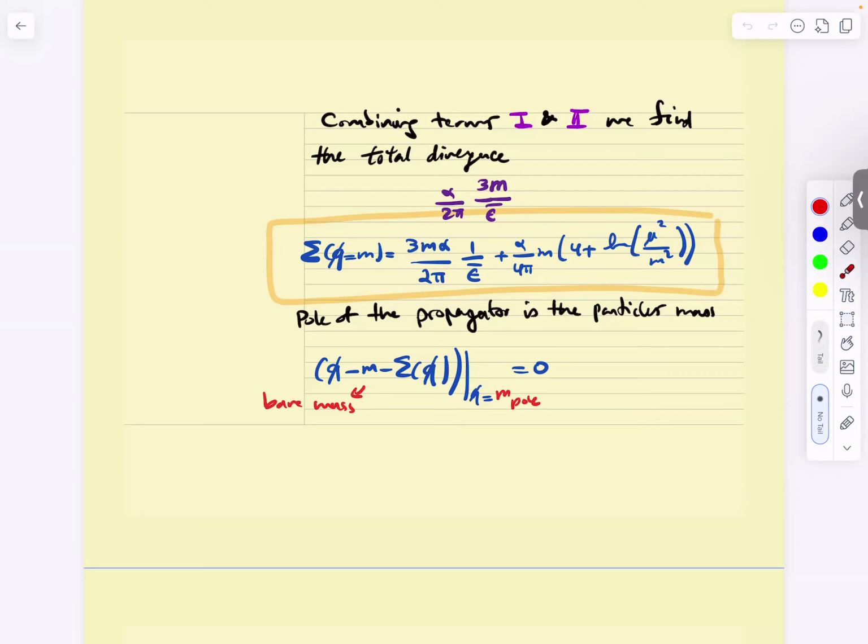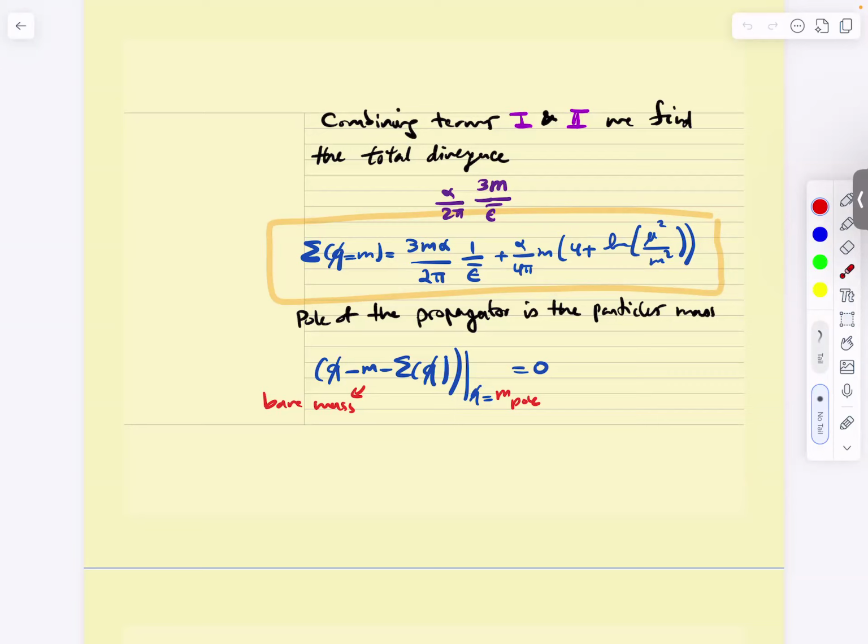We wrote this as i over q slash minus m, minus the 1PI propagator. Everybody's with me? It's just a resummation.